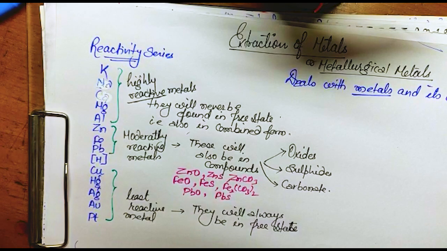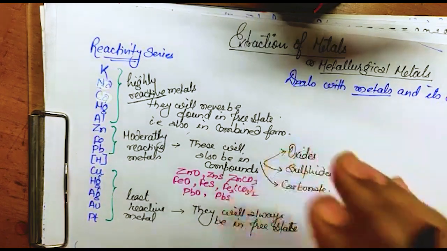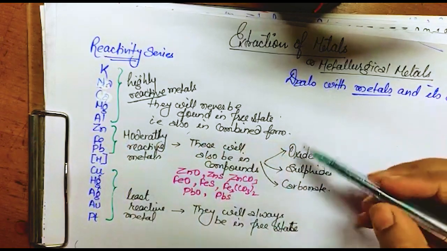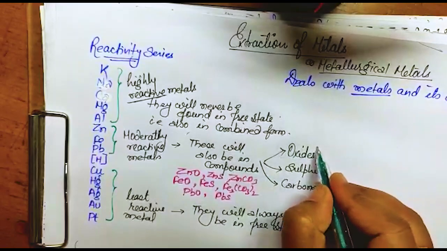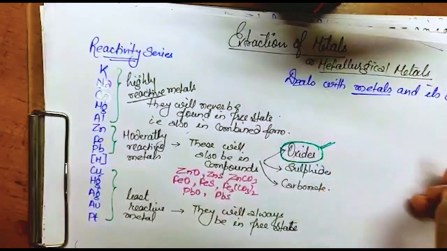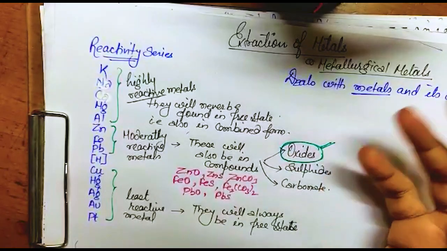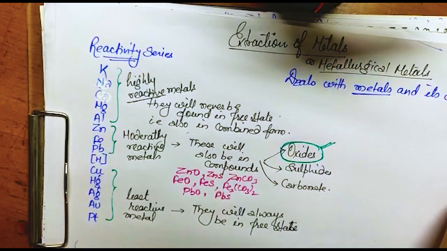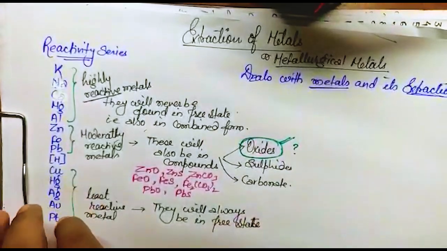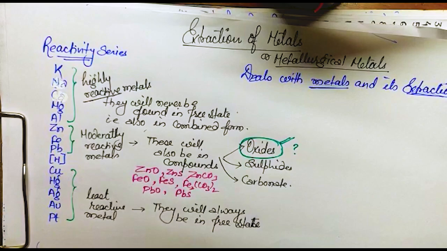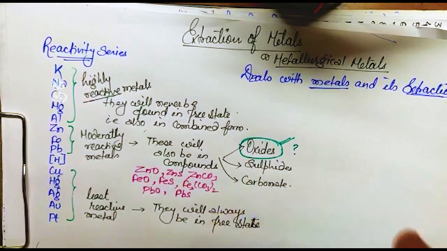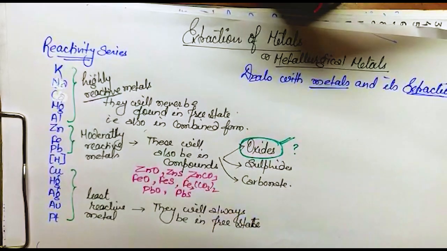Clear? Now the question is: out of these three, the metals in the form of oxides are abundant in oxide form. Can you tell me why it is like that? There are two reasons for the existence of the metal in oxide form.